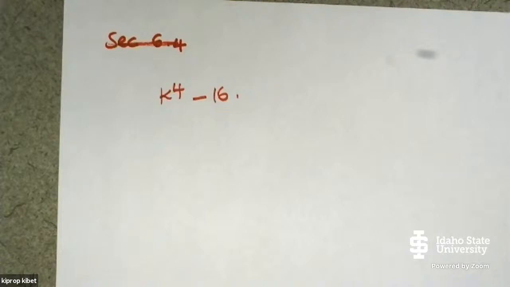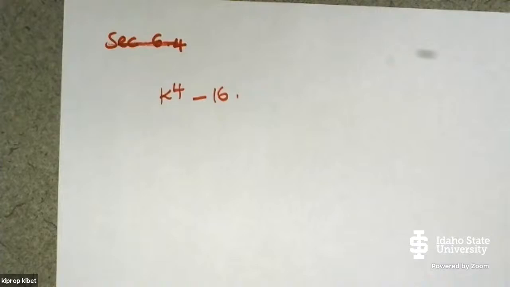Now, number 1 is the greatest common factor that you can factor out. So it is not there, right? So number 2, is it a trinomial? No. Is it a binomial? Yeah. So it is a binomial, right?